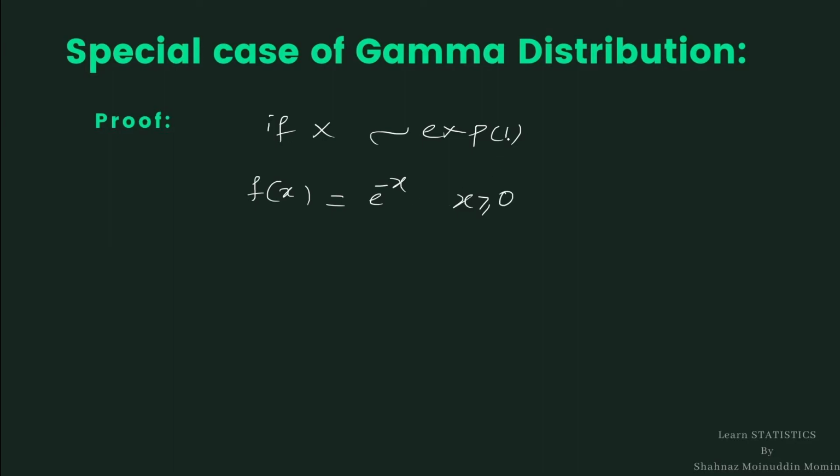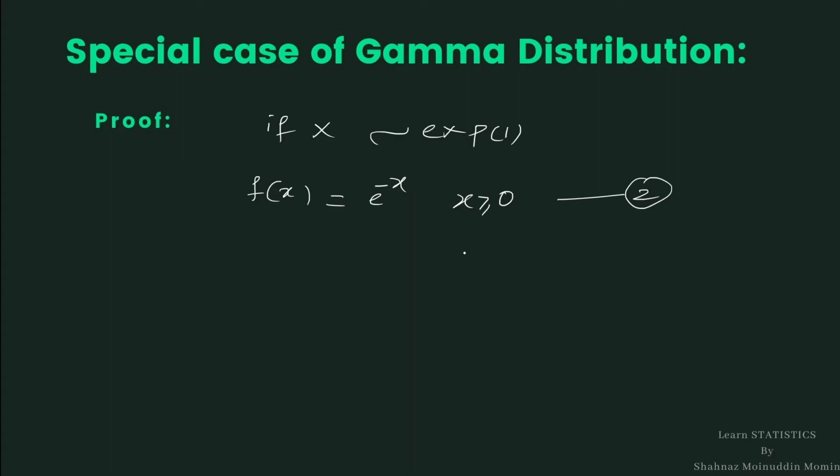Means the value of theta becomes 1. This is equation 2. We already learned the exponential distribution in details. If students want to learn what is exponential distribution, then please click on the I button at the top right corner of the screen, and link of that lecture is also given in the description box.